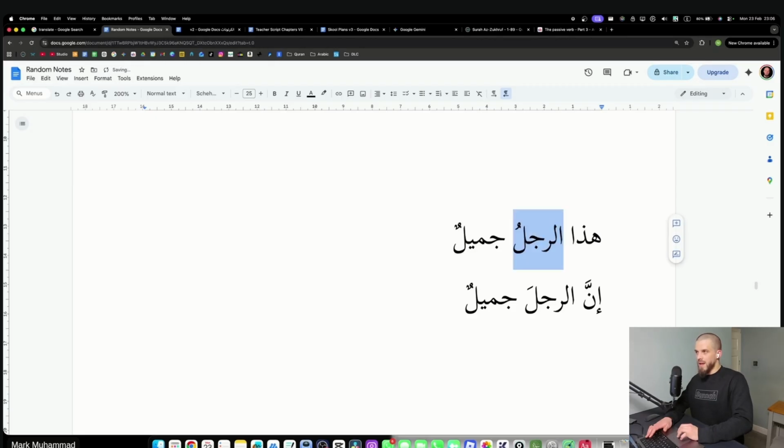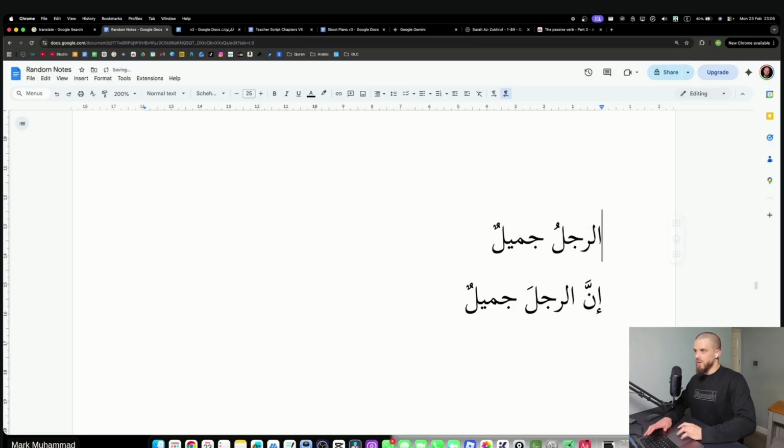So whenever you have hadha rajul, hadha here is the subject, and ar-rajul is called the badal, which just means it's more information about hadha. And it could be interchanged with hadha and still be a full sentence.